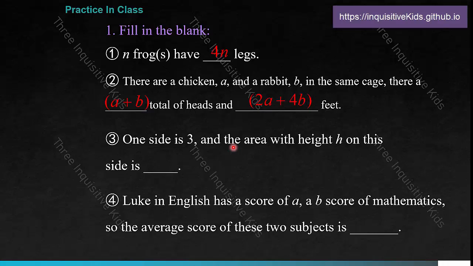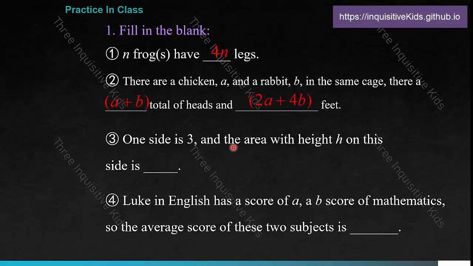Luke in English has a total score of A and a total score of B in mathematics. So the average score of these 2 subjects is blank. Well, do you still remember how to calculate the average of multiple amounts or values?